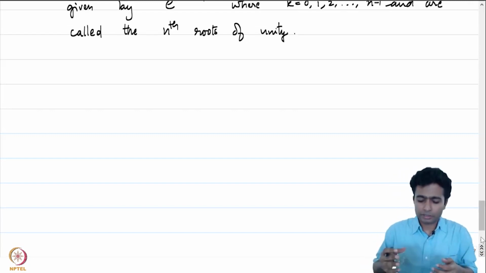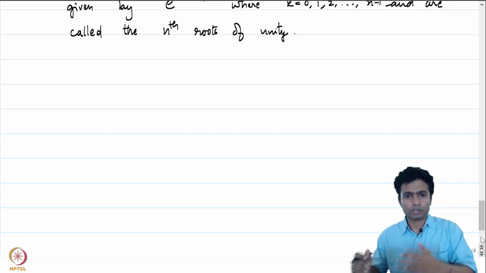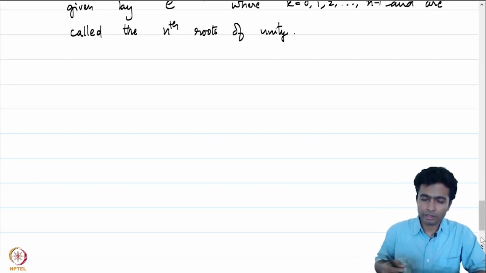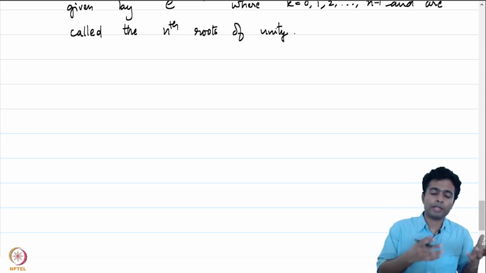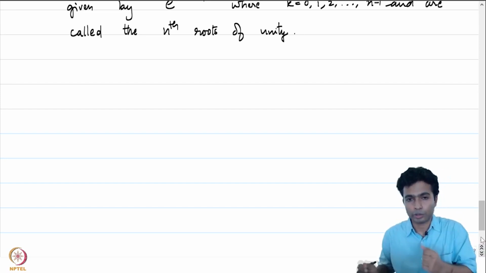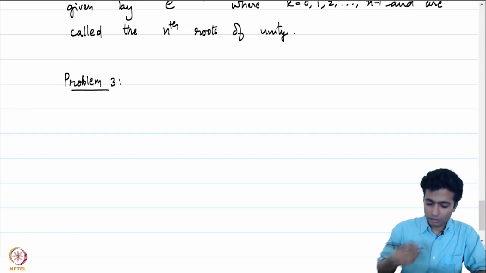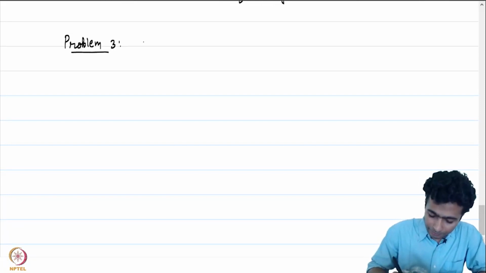In the next problem, let's try to extend what we just did to a general complex number. Instead of looking at nth roots of just unity, let's take an arbitrary complex number w and check what can be the possibilities of z to the power n equal to w. We have done all the hard work. We will just use the arguments used earlier to establish this as well.